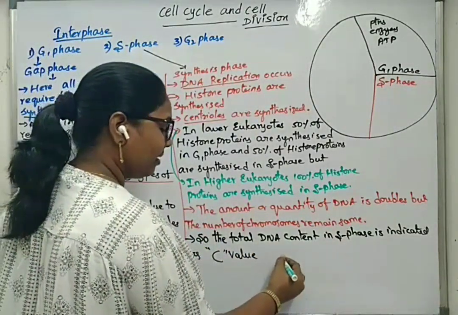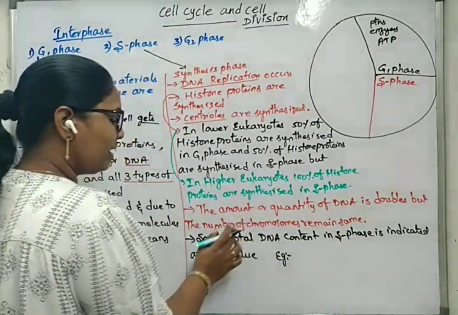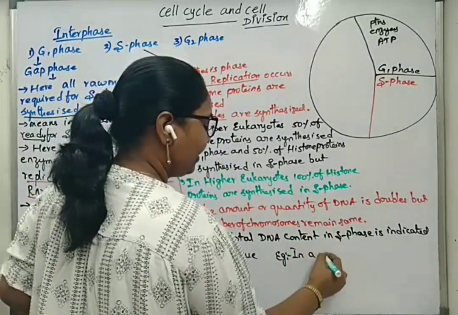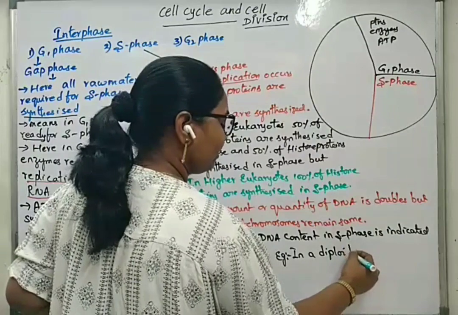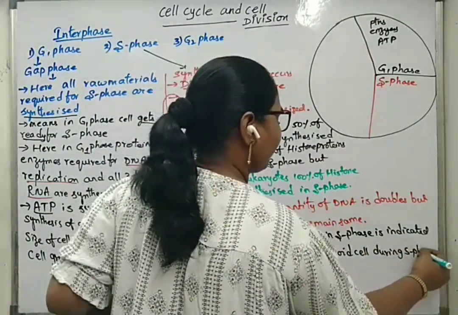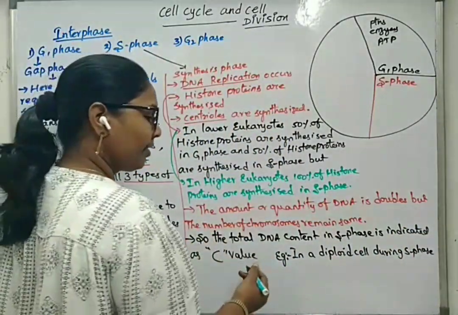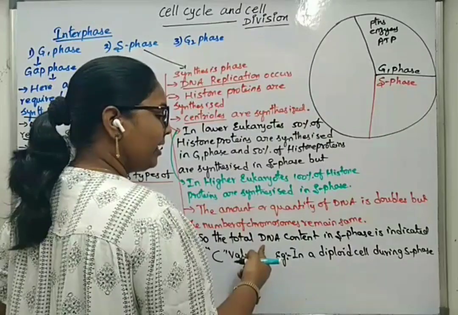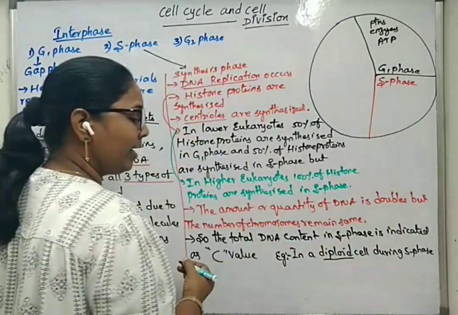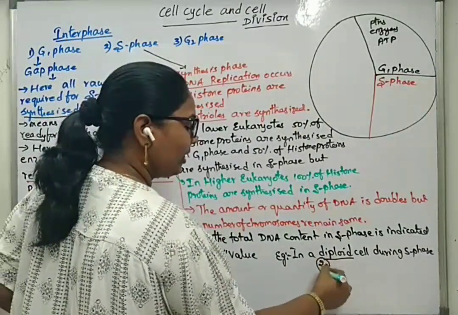For example, as we have said, the quantity of DNA doubles but the number of chromosomes remains the same. In a diploid cell during S phase, what might be the C value, or the content of DNA, or the number of chromosomes? As we have said, it is a diploid cell. It means diploid we represent with 2n.